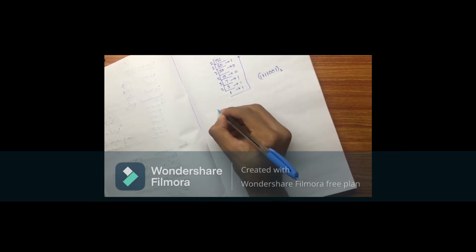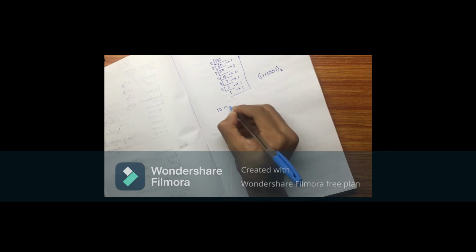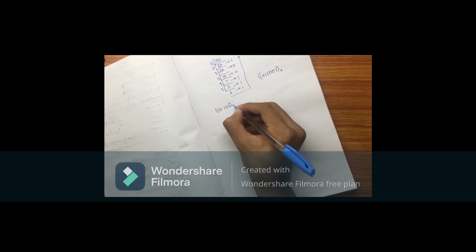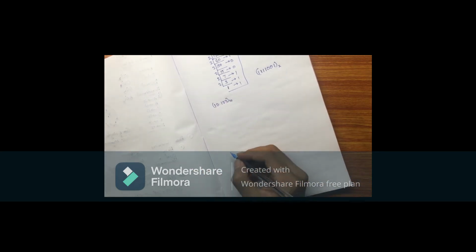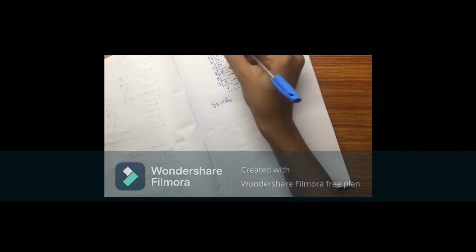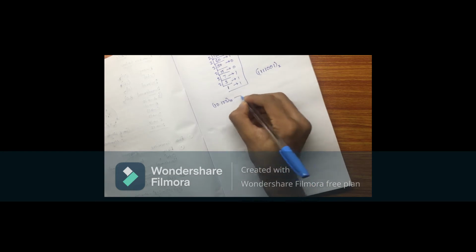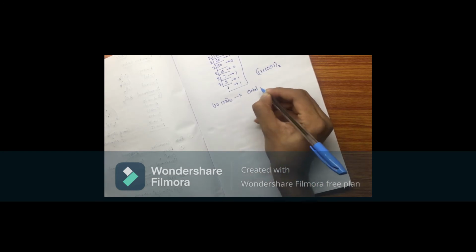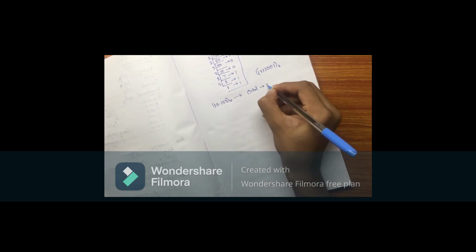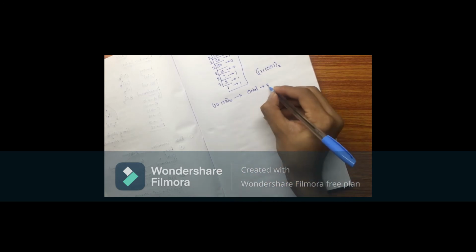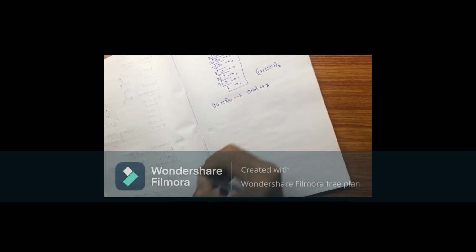Suppose 10.123. This number is given. Then how to convert it to binary or octal or hexadecimal? Let's try to do it with octal now. Octal has radix 8.